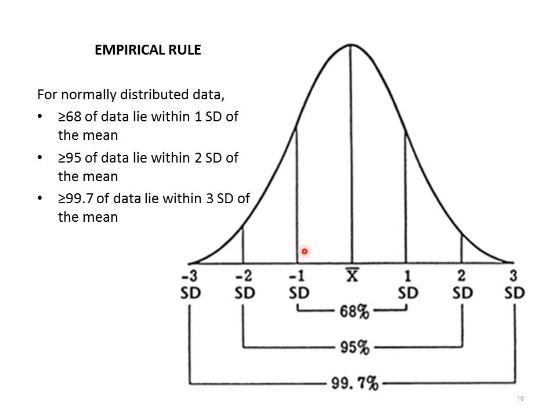And within 1 standard deviation of the mean lies 68% of the data. And then 95% of the data lie within 2 standard deviations of the mean. And 99.7% of the data lie within 3 standard deviations of the mean.